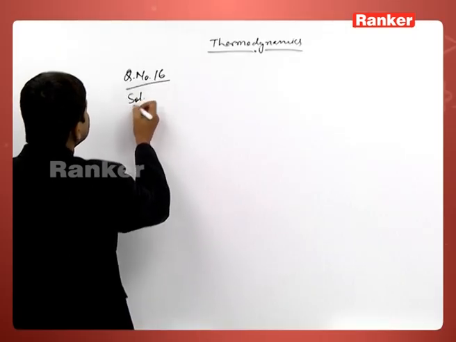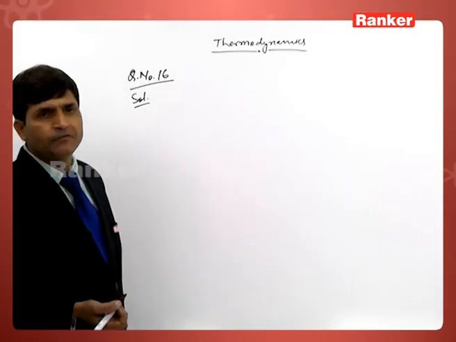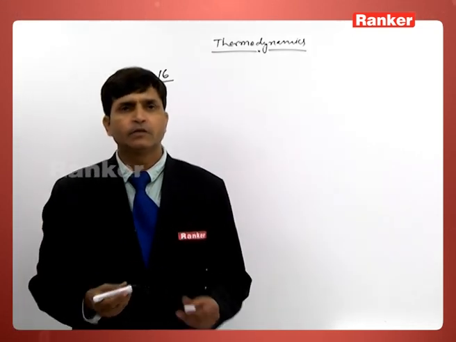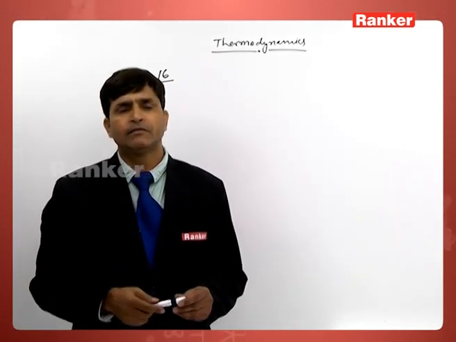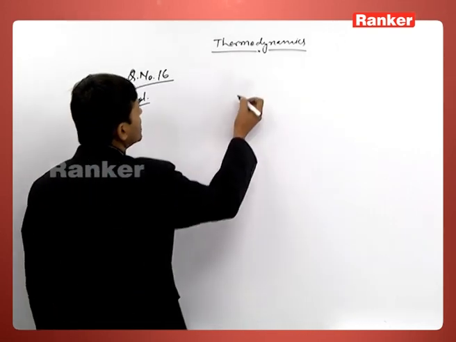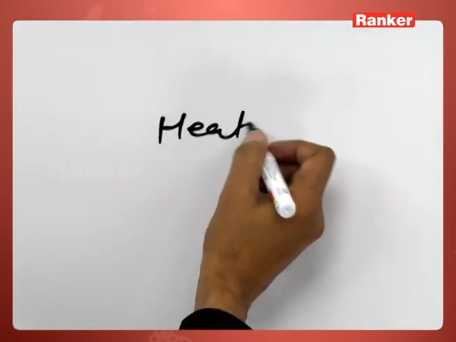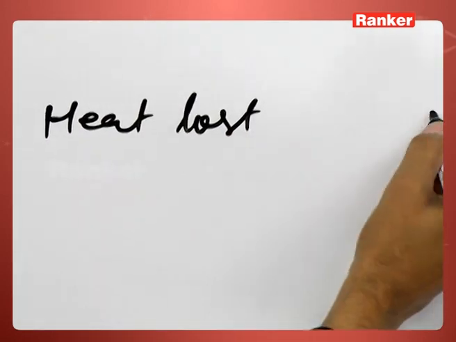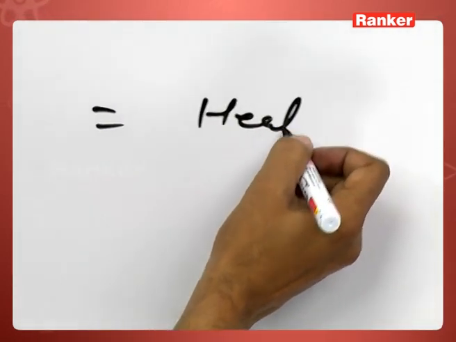Since the whole system is isolated from the surrounding, the total energy of the system will remain constant. So one of the gases will lose heat. The heat lost is equal to, we can say, heat gain.